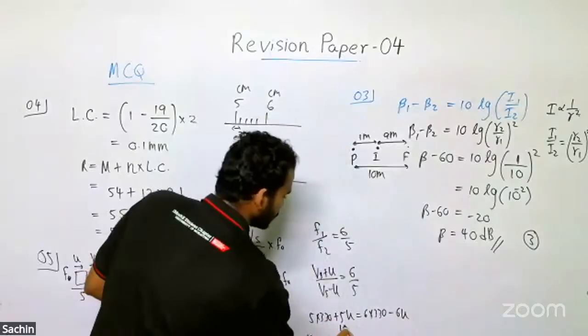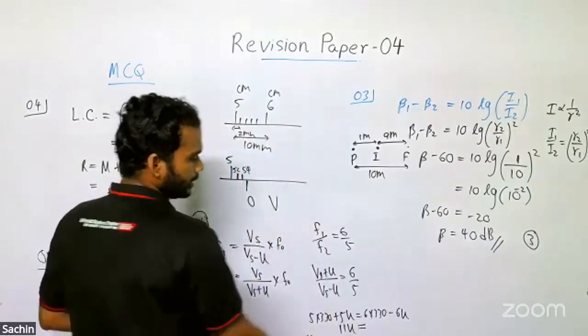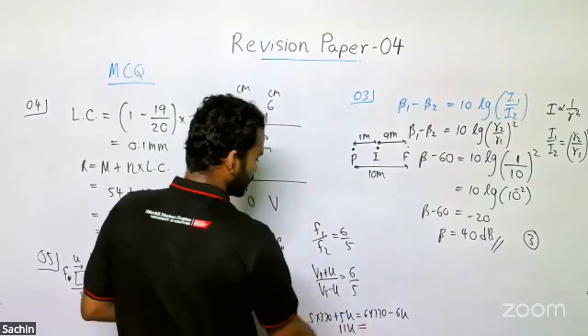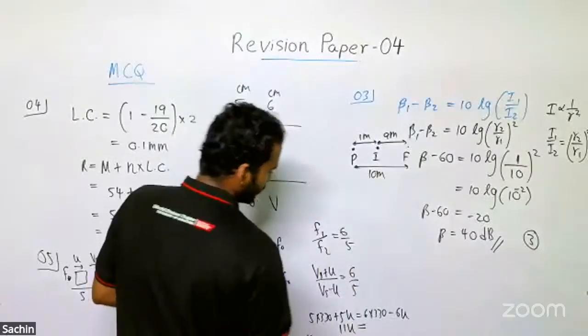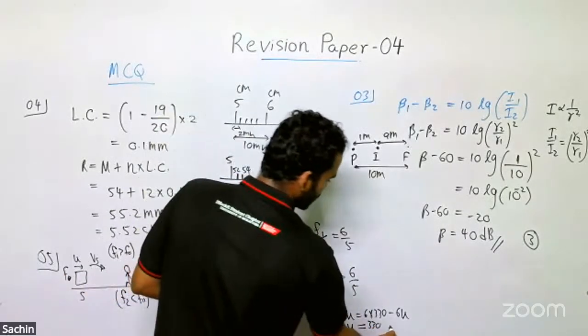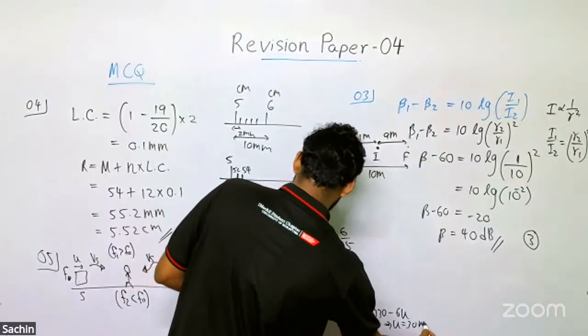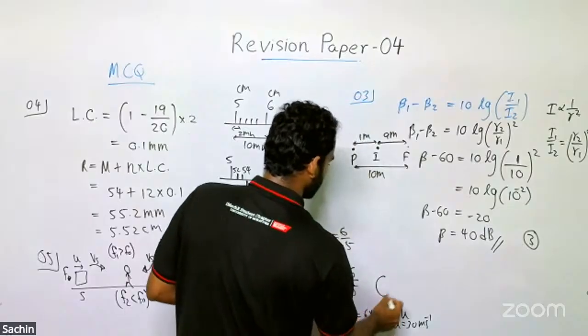So 11u is equal to 330 times 6 minus 330 times 5, that is 1 times 330, that is 330. So when you divide both sides by 11, the answer will be 30 meters per second. That is given in the fifth option.